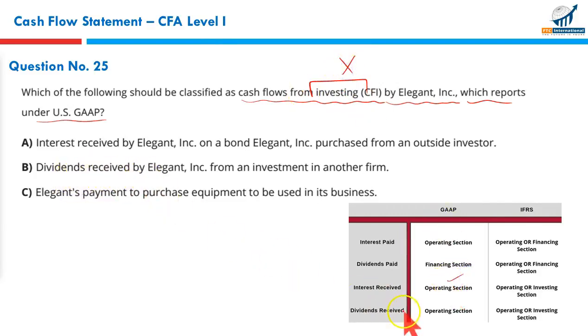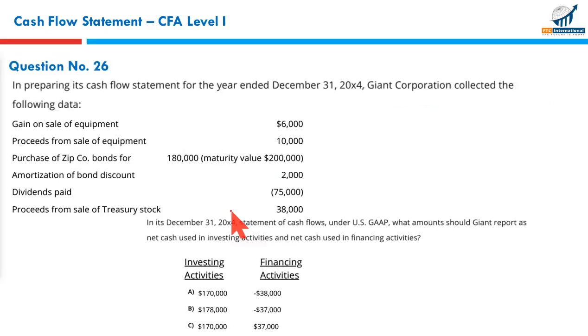Dividend received is also considered a part of operating, not investing. Wrong. Elegant's payment to purchase equipment to be used in its business. Yes. Purchase of equipment, it's an investing outflow. So that makes C the correct option. We were looking for investing cash flows. So C is the investing cash outflow and C is the right answer.